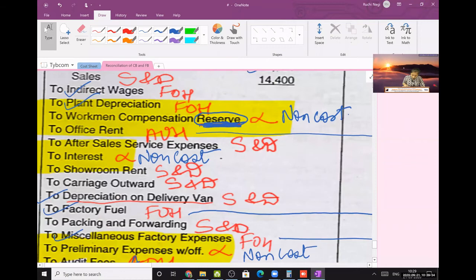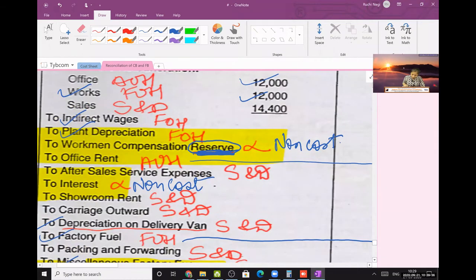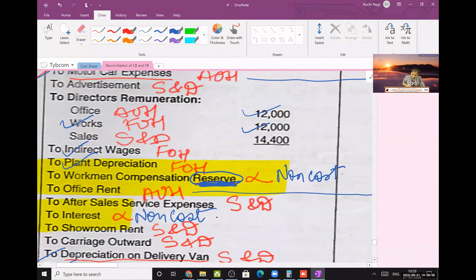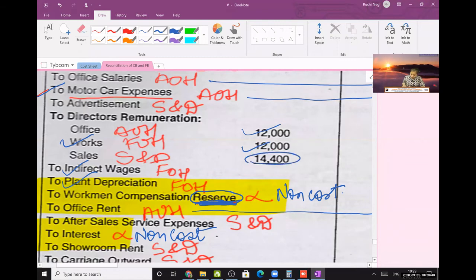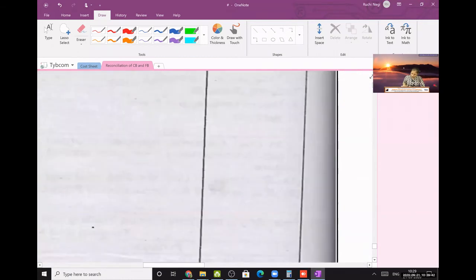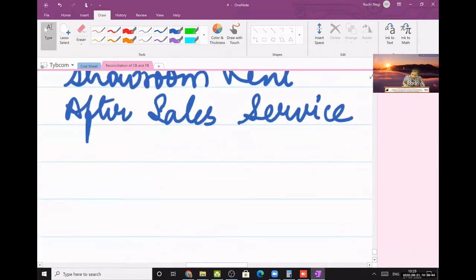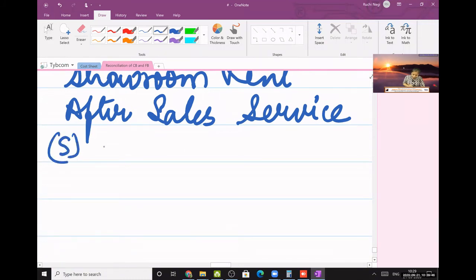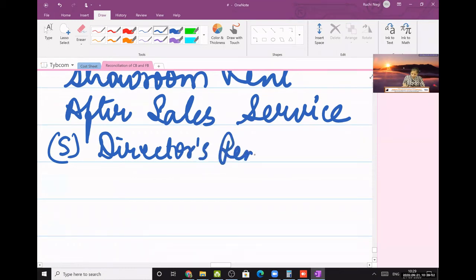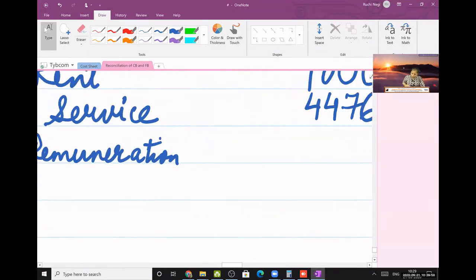Next, sales director's remuneration 14400.